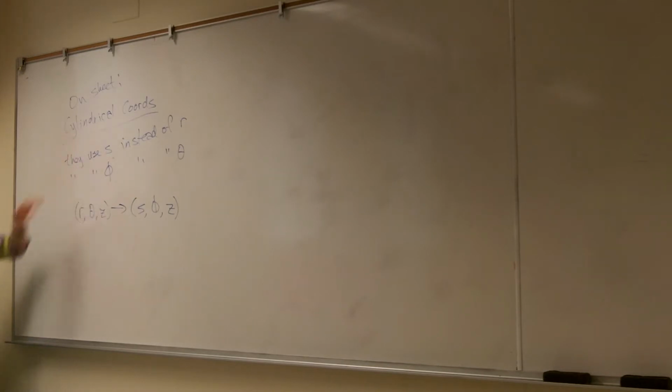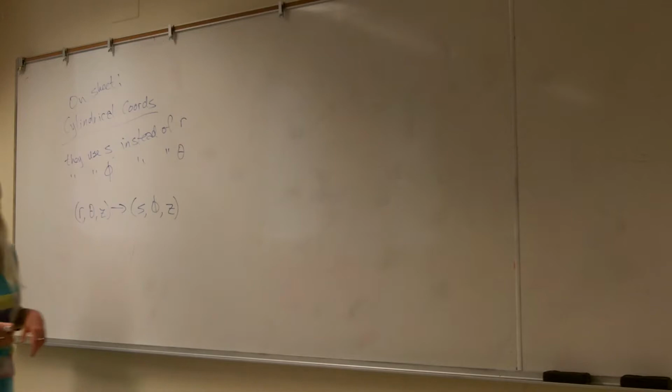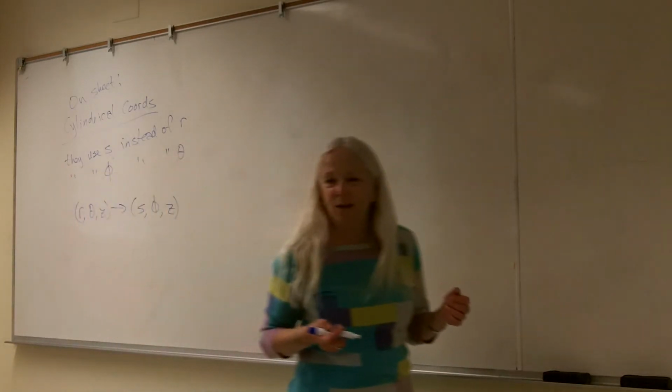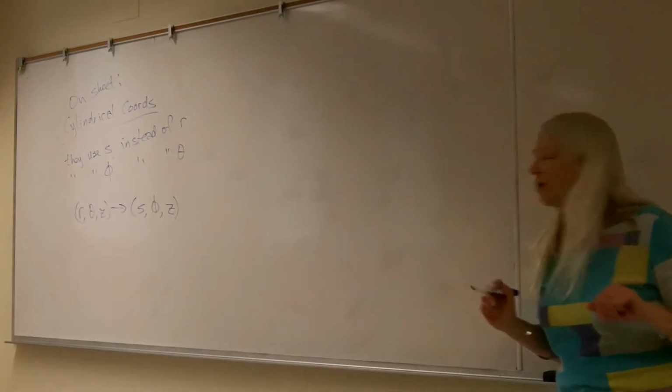But anyway, just notice that we have those differences in notation compared to what we're used to. I was trying to find a list like this for you that used the notation that we had used in class. In other words, R, theta, and z for the cylindrical coordinates. But I couldn't find a nice convenient list. Okay, so this is your list.